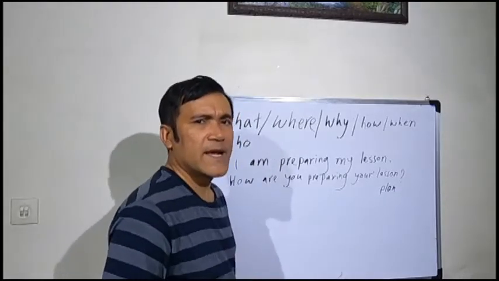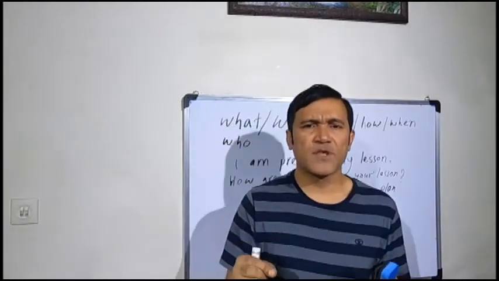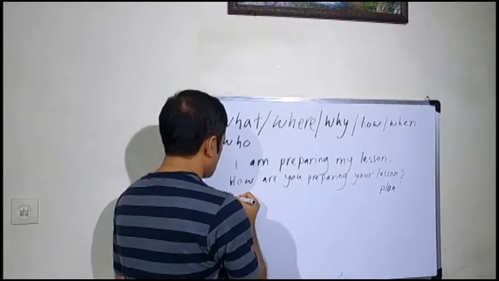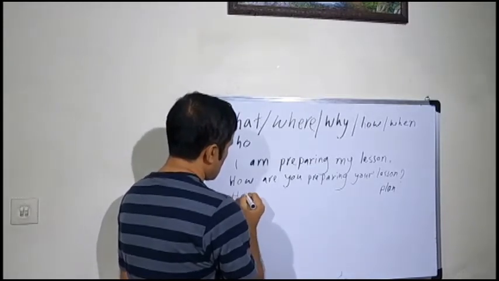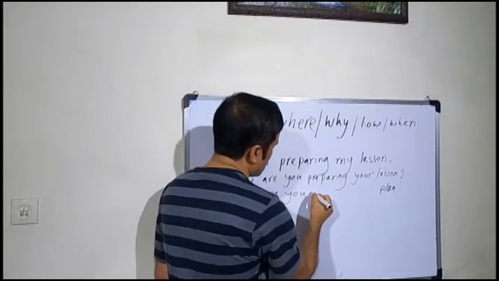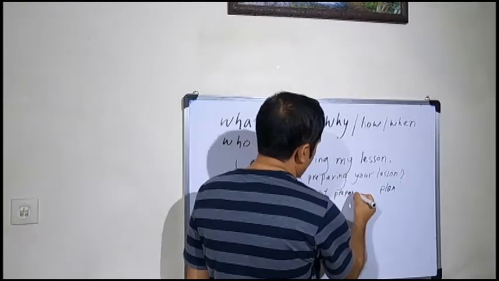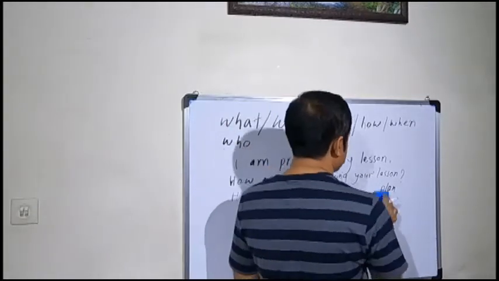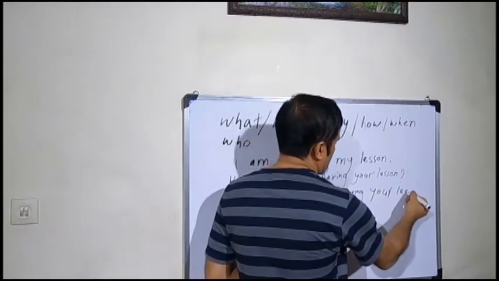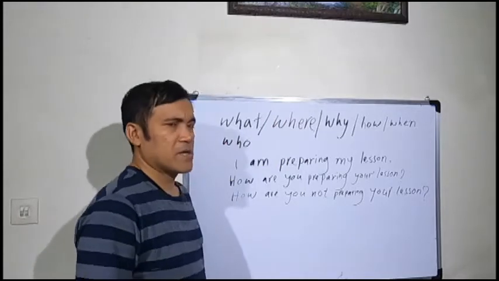Okay, then you can make it negative. To make negative, very easy, you just put not after the auxiliary verbs, like how are you not preparing your lesson? আপনি কিভাবে আপনার পাঠটি প্রস্তুত করছেন না?